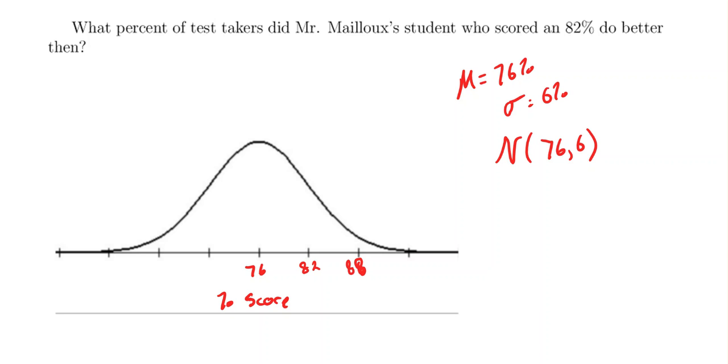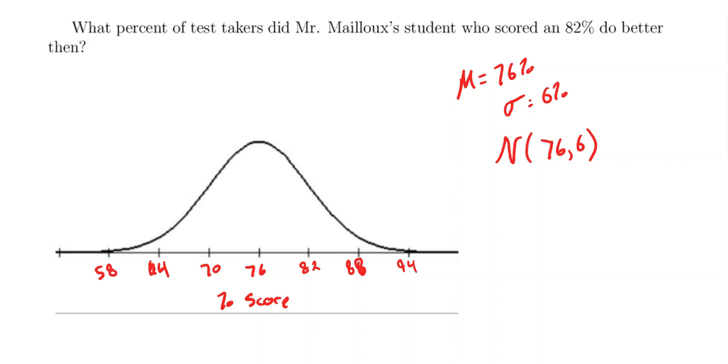And I can go up another standard deviation from there to give me a value of 94%. I can do the same thing going down below the mean. I got 70%. I have 64%. And I have 58%.